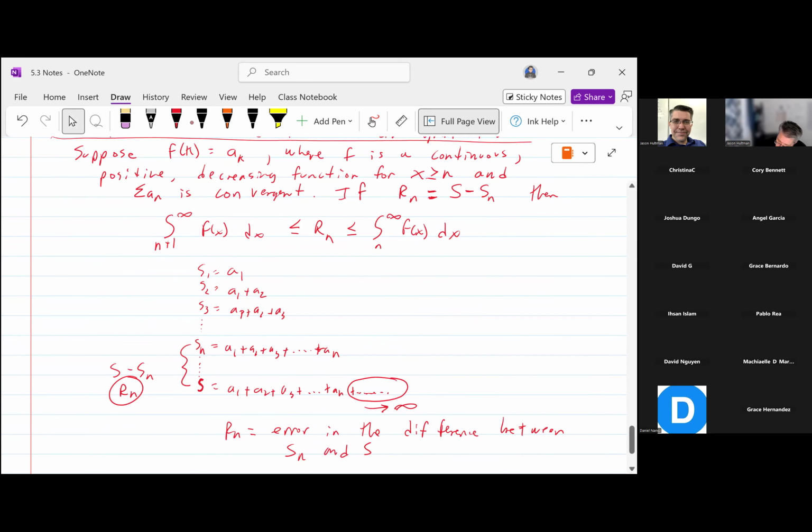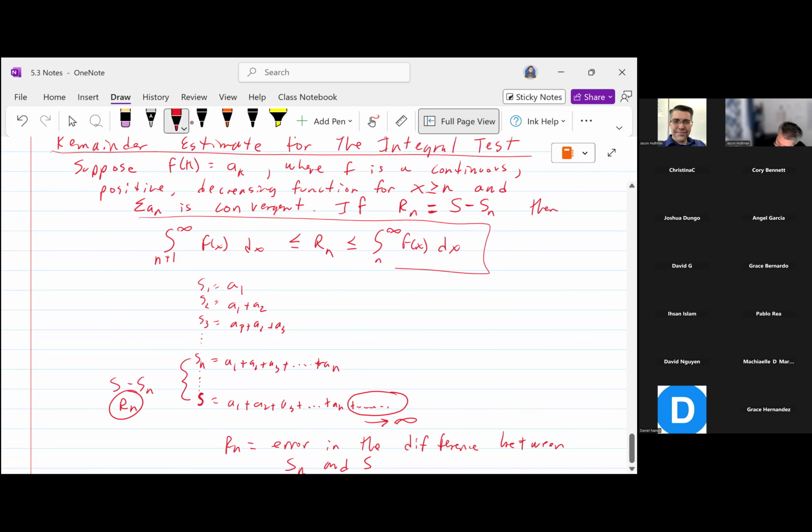So we're saying that we can find how close of an estimate we have, or the error, by taking the integrals from n plus 1 on the lower side and n on the upper side of f of x. Now, why would n plus 1 be on the lower? Because if we have a decreasing function, then think about the tail.